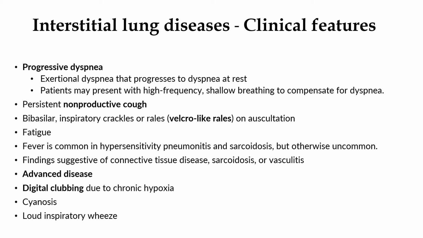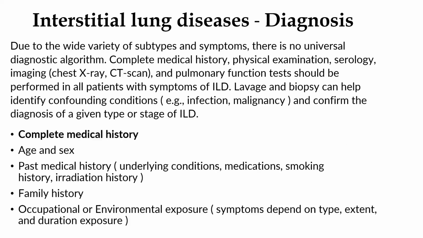Fever is common in hypersensitivity pneumonitis and sarcoidosis, but otherwise uncommon. Findings suggestive of connective tissue disease, sarcoidosis, or vasculitis. Advanced disease: digital clubbing due to chronic hypoxia, cyanosis, loud inspiratory wheeze.